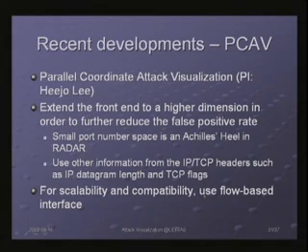So I stopped this work like 2 years ago, but my colleague Professor Hee-Jo Lee, who was a visitor here a few years back, is extending this work, and he calls this parallel coordinate attack visualization. Why parallel coordinates?